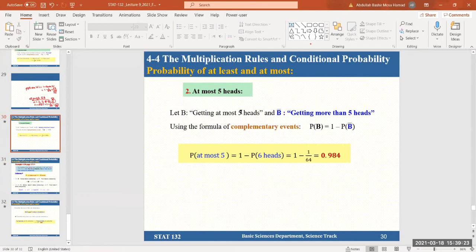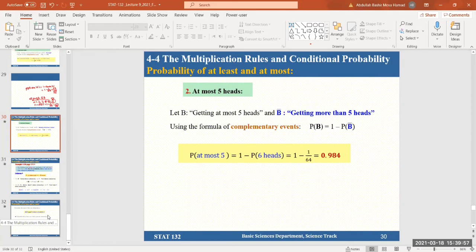Great. For now, let me make it 1 minus; in the next class, lecture 11, we will understand it in detail. But for now, it is 1 minus P of 6 heads minus P of 5 heads, if they ask about at most. Clear?